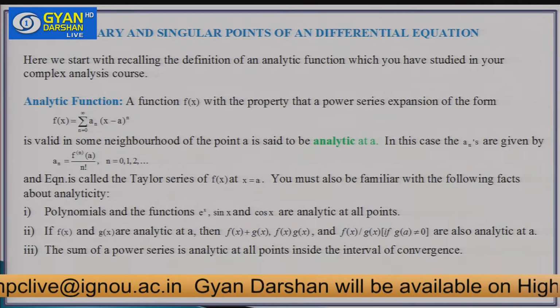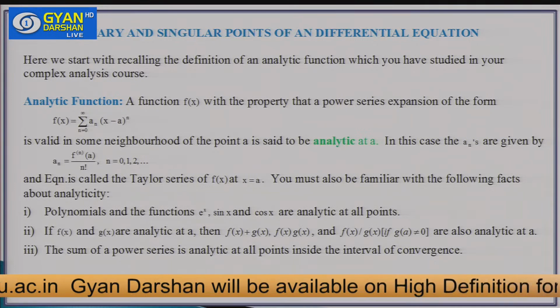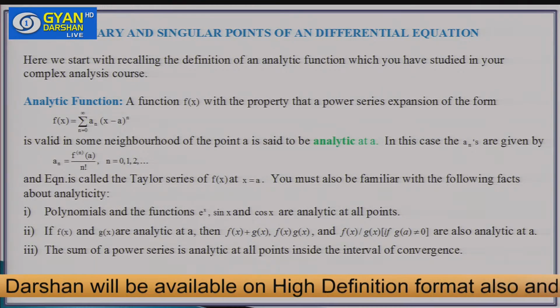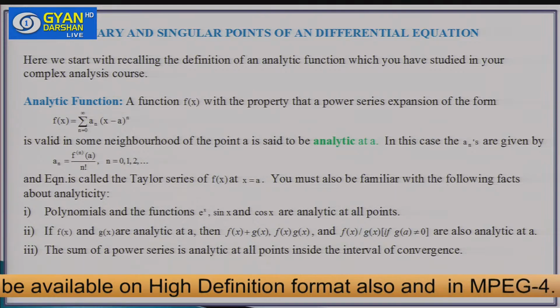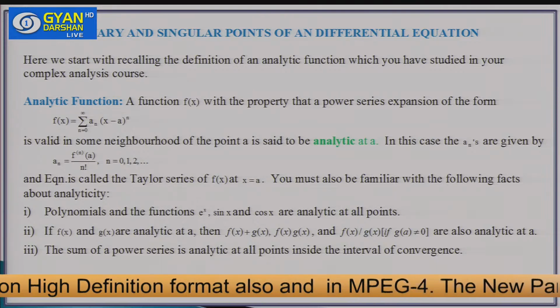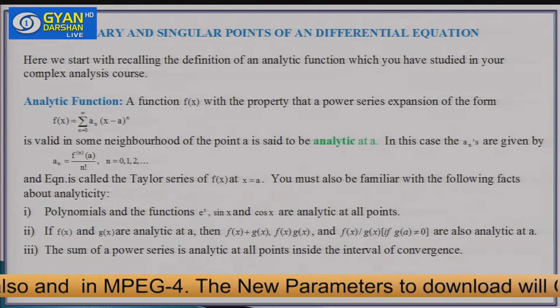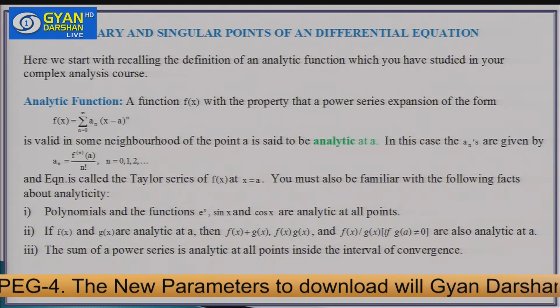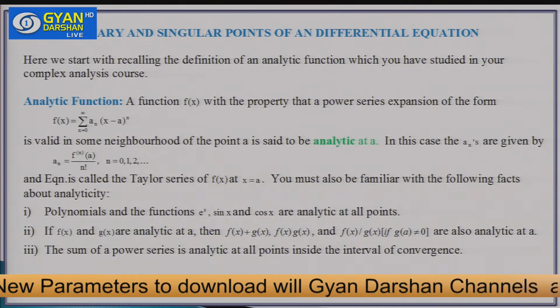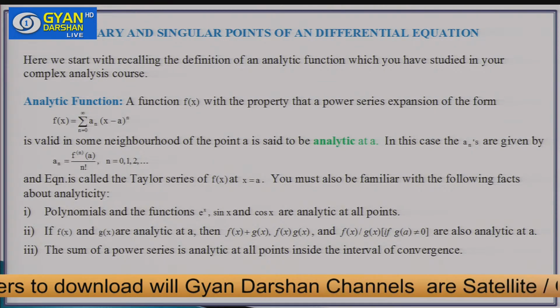Here is the list of power series representations which are analytic. We are not going to test every time whether a function is analytic at a point. We already know the standard results: functions like e to the power x, sin x, cos x, and all polynomial functions are analytic at all points.